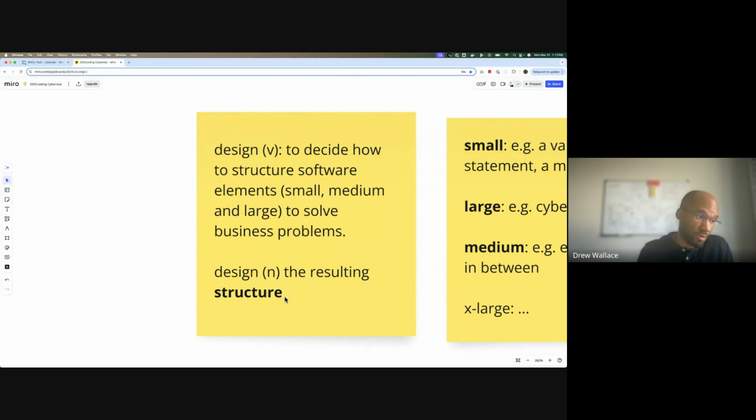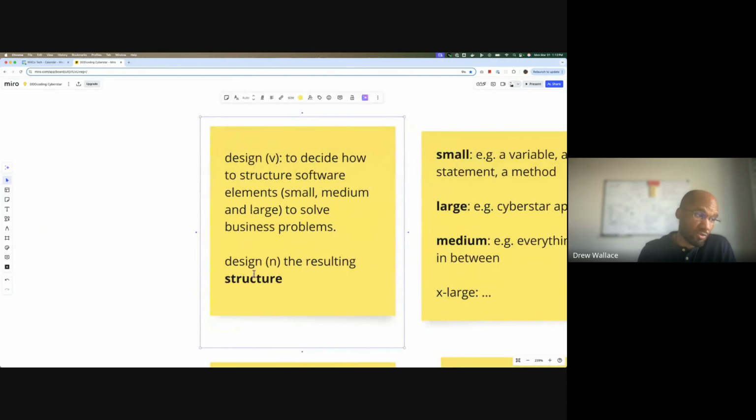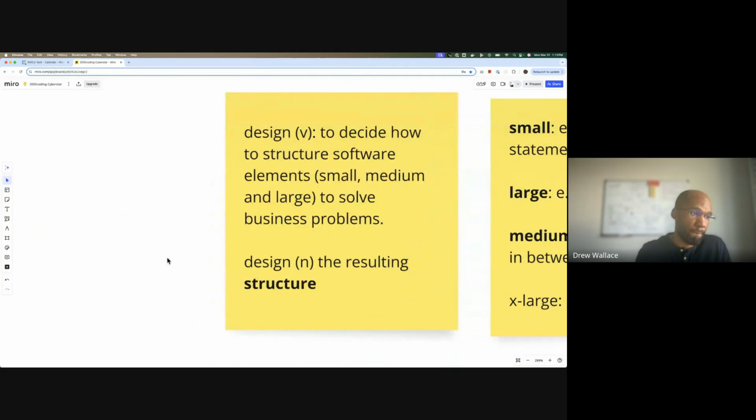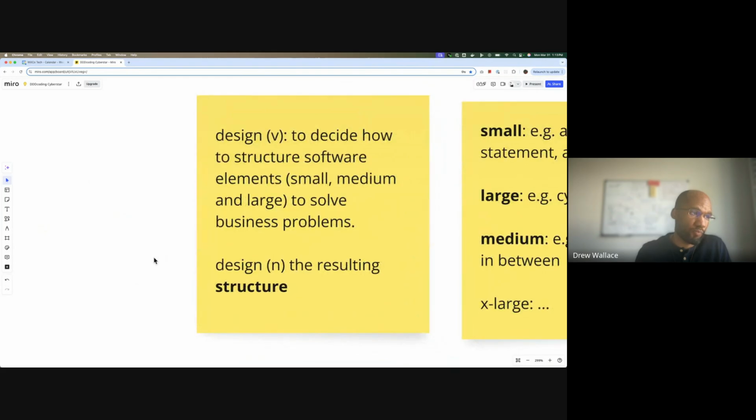And the noun is the resulting structure that we get from that. Give me some input, give me some feedback. Any feedback on this definition? Good, bad, not clear? Too simple? All right, I'll keep going.